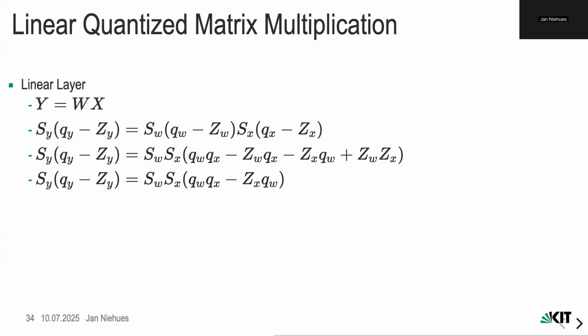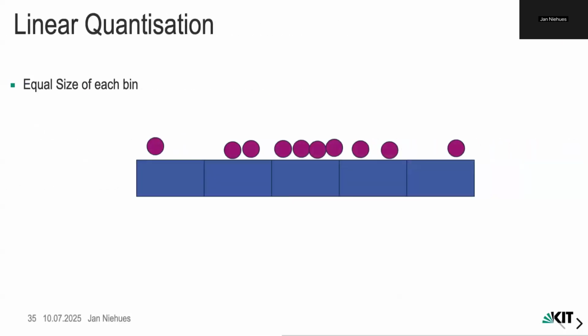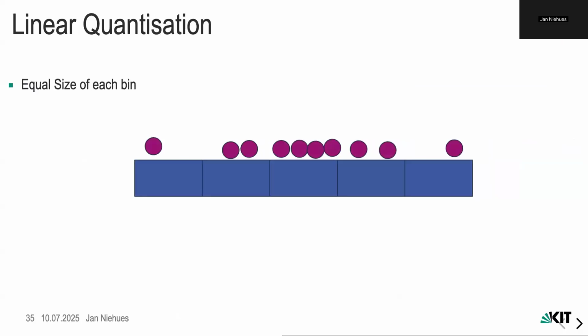Good. Any more questions about the linear thing? There is one type of disadvantage, that we have equal size for all our bins. So that's the typical thing of linear.